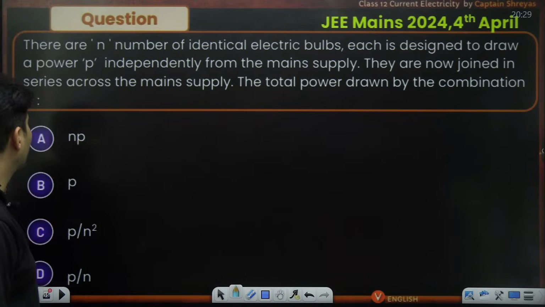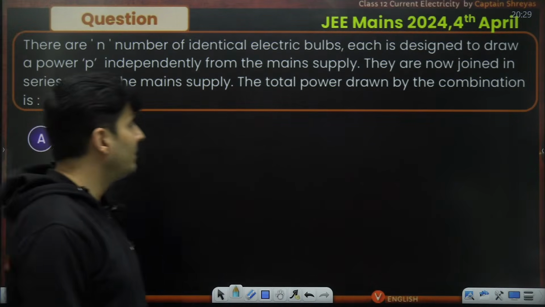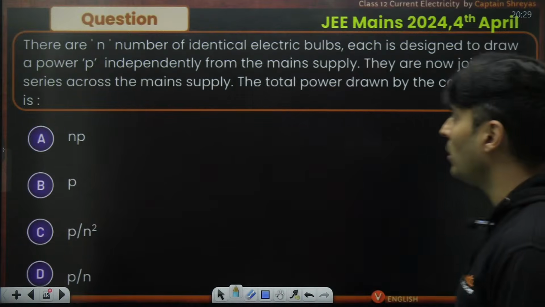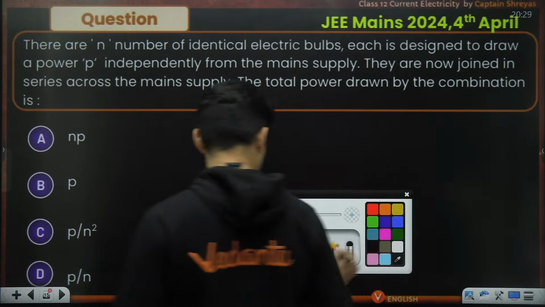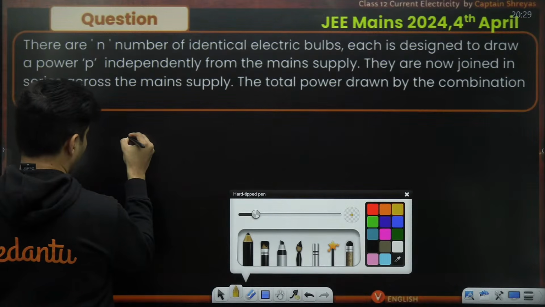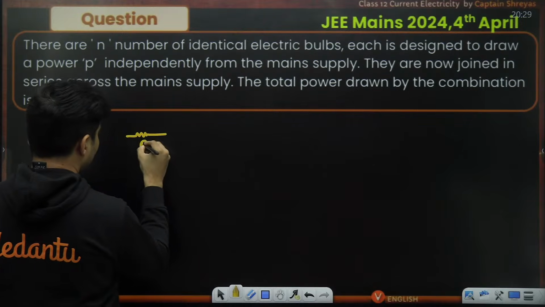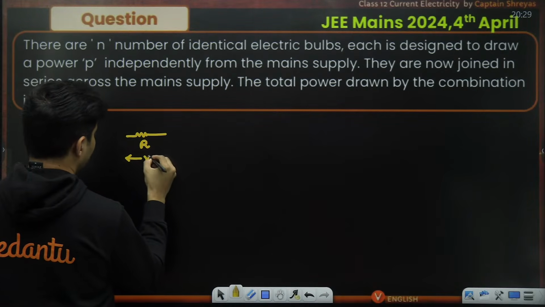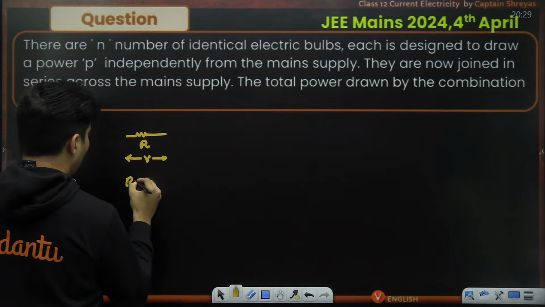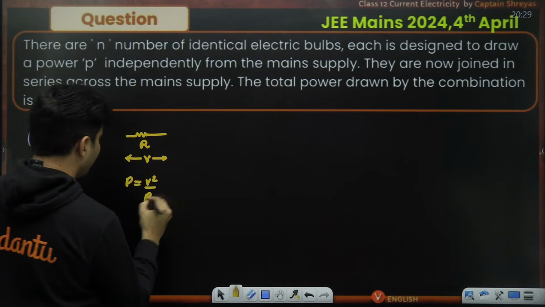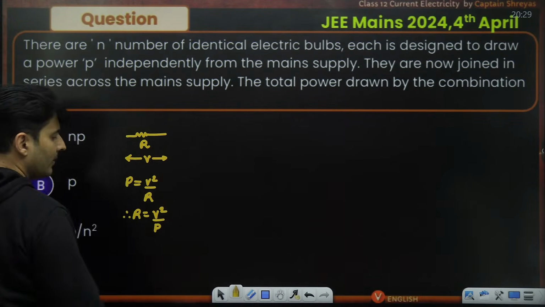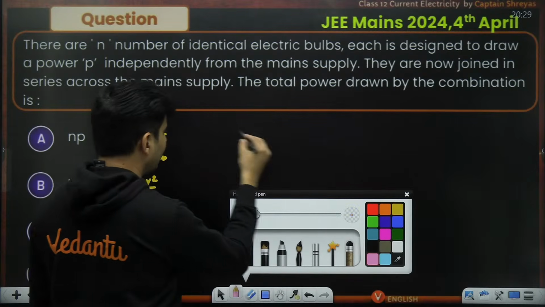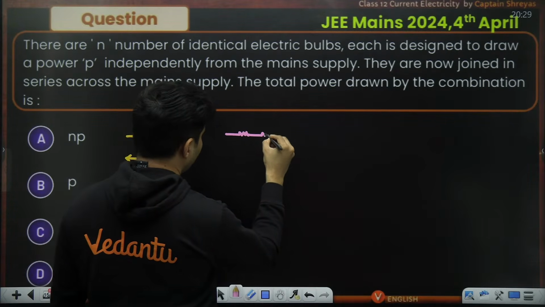So let's see if you can solve this. There are n number of identical bulbs, each designed to draw power P independently. They are now joined in series. The total power drawn by the combination is, see, each bulb has resistance R and let's say the voltage is V, so power is V squared by R. We know that R will be nothing but V square divided by P. Now you have taken those bulbs and connected in series like this.